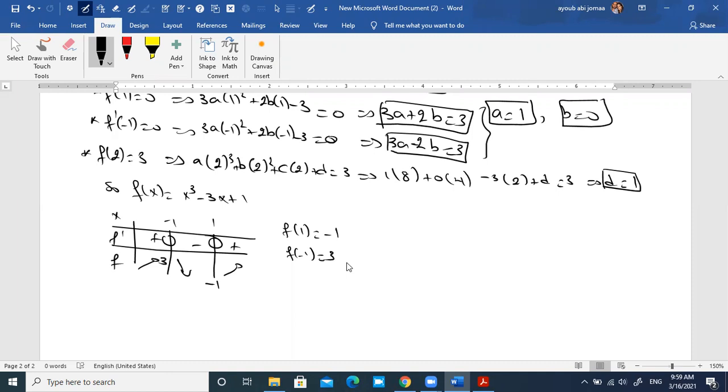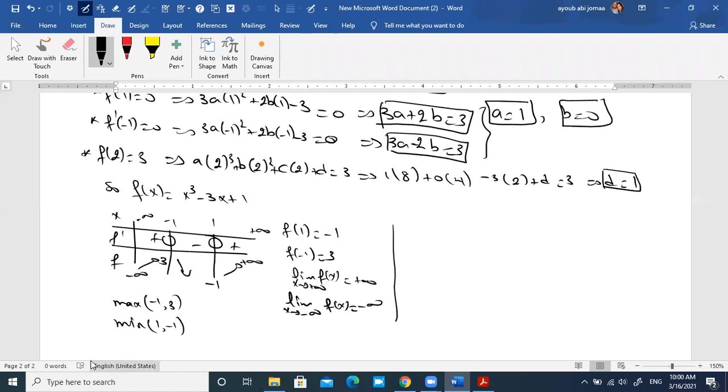Limit at positive infinity is the limit of x power 3, which is positive infinity. And the limit as x approaches negative infinity, the same idea, the highest exponent, is negative infinity. The maximum has coordinates negative 1, 3. The minimum has coordinates 1, negative 1.